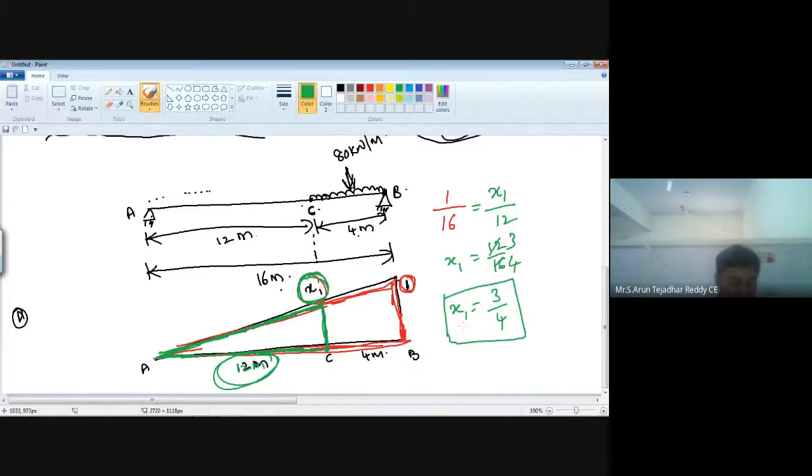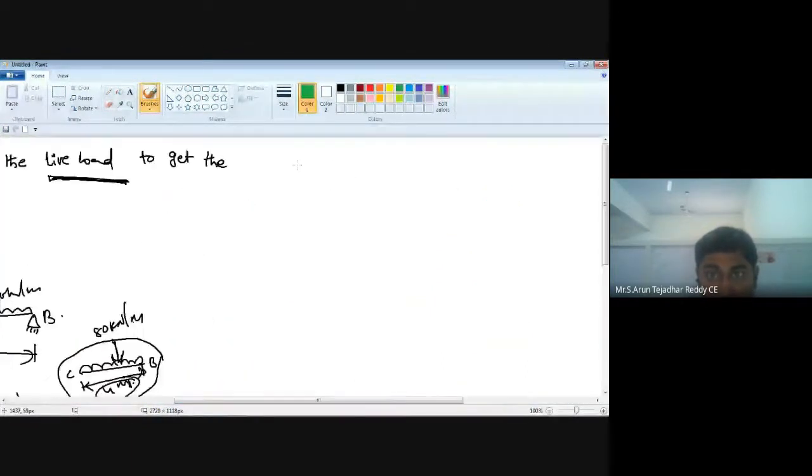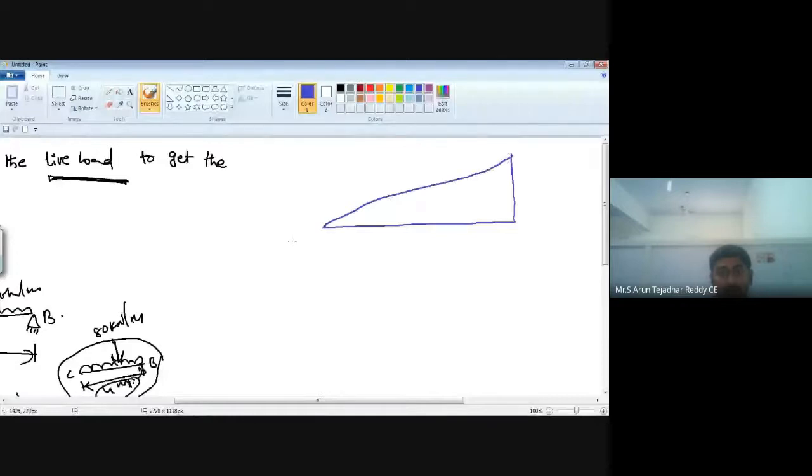Where x1 is equal to 3 by 4. Now same diagram draw here, then you can easily understand. And don't forget it is uniformly distributed load. This is uniformly distributed load.